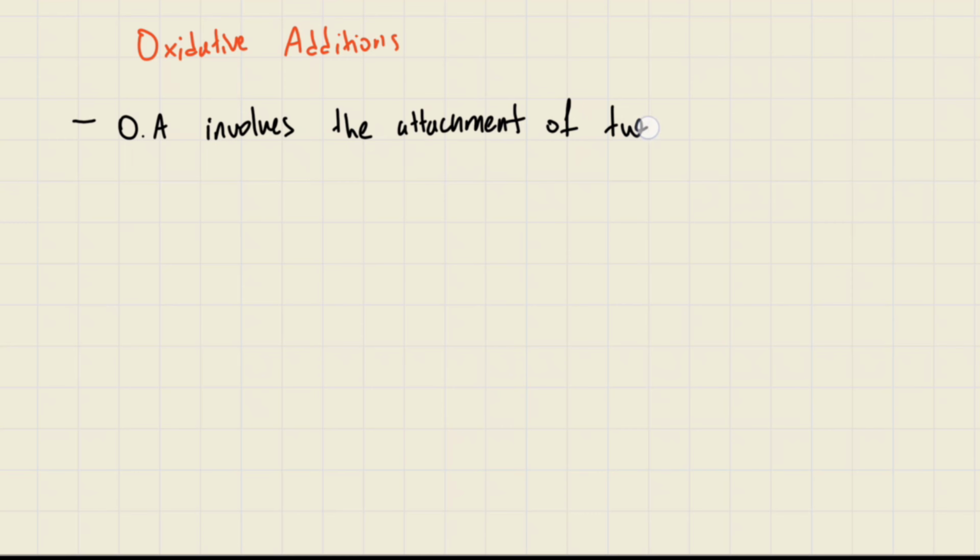Magnesium becomes +2 oxidation state, and this will be the product. So this is a very common reaction, and it is also very useful for organic chemistry. This product is very useful, as you know, and it is called a Grignard reagent.